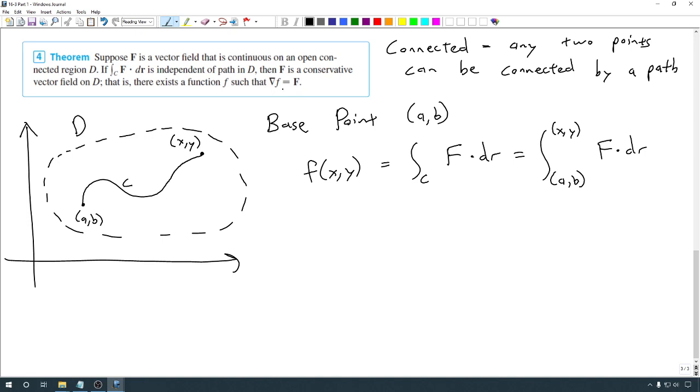So adding a constant to little f is going to give you a brand new potential function. But what that actually really means is that we picked a different base point. This choice of base point was very arbitrary in the first place. If we pick a different base point, then we get a different result, technically, but the result actually turns out to just be a constant added to our function.